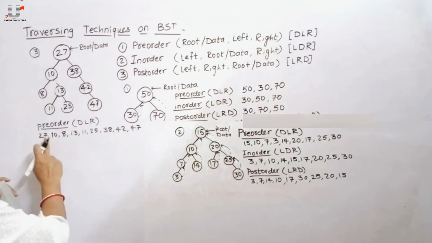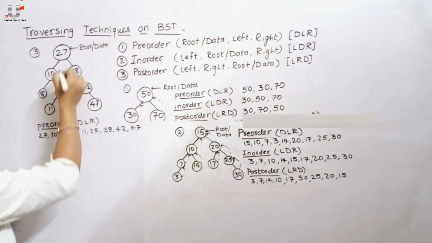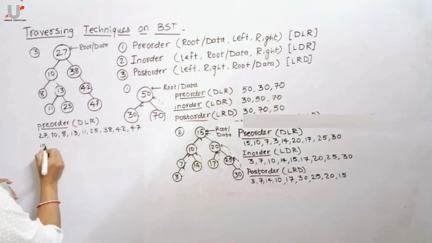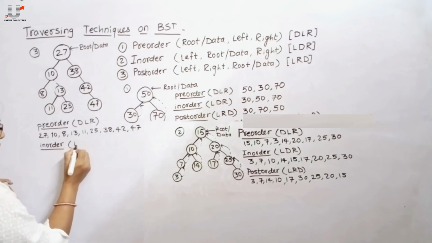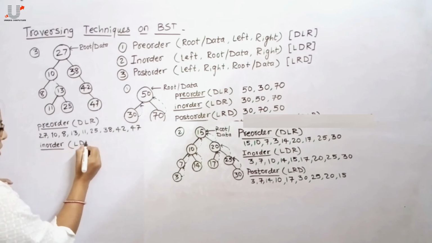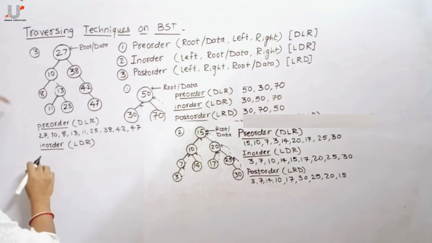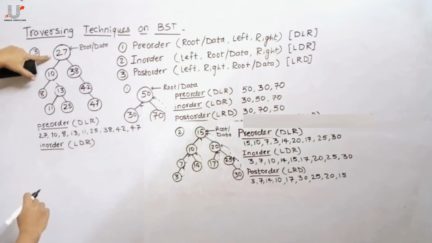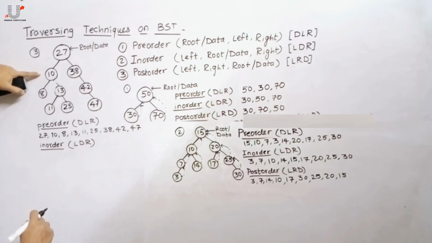Now apply in-order traversing on this binary search tree. In-order means left child gets processed first, then the data, and then right child. Start from the root node, apply LDR. As an unprocessed left child is there, yes, control will transfer to this 10.